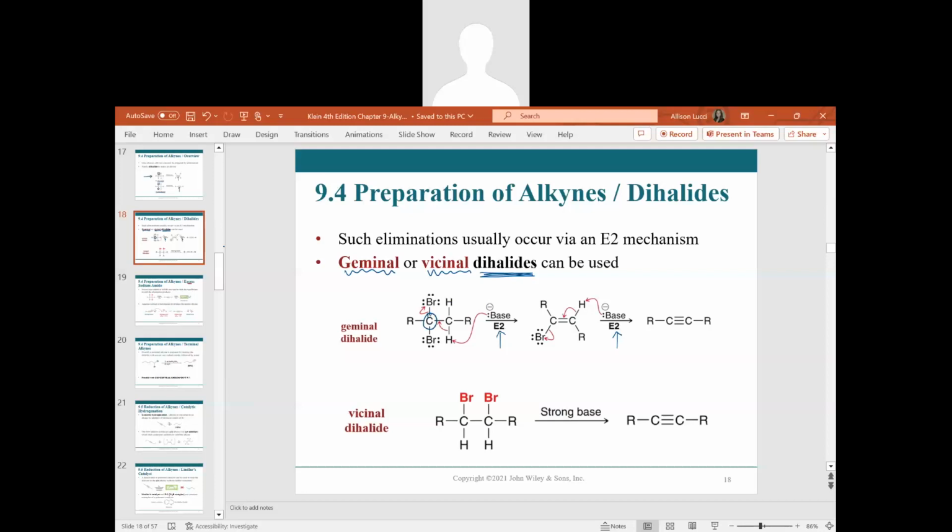And down here, these two carbons are next to one another, so they're in the vicinity of one another, but they do not have twin halogens, right? They're not on the same carbon. So we have geminal or vicinal dihalides that can be used to create this alkyne through two elimination reactions.